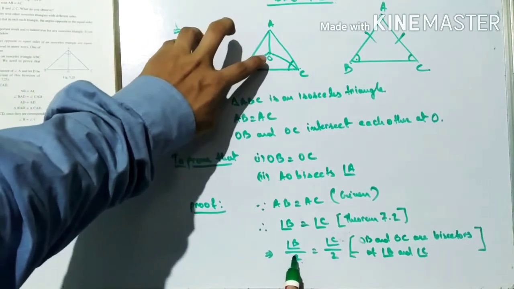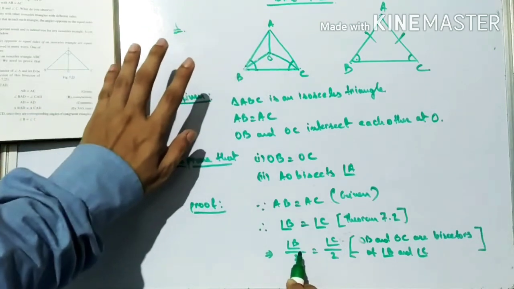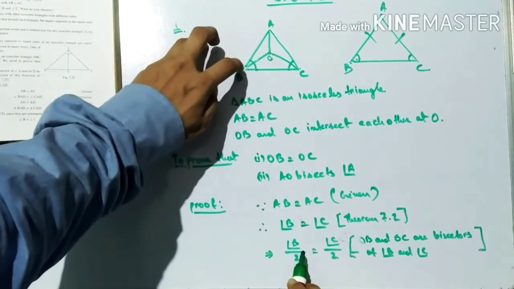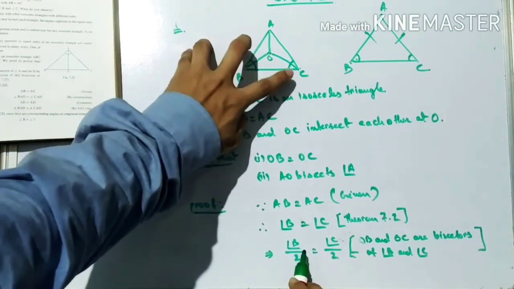Now either I can take OBC or OBA. Yes or no? So here I will take OBC, because here I have to prove that OB equals OC.